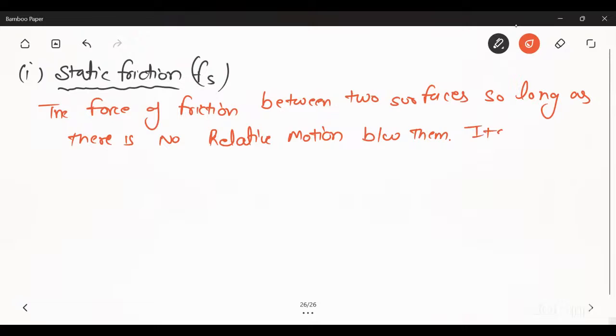Its magnitude is equal to the external force. So static friction is the friction which comes between two surfaces when there is no relative motion, and when they tend toward relative motion, that friction is known as limiting friction, or you can say the maximum value of static friction is known as the limiting friction.